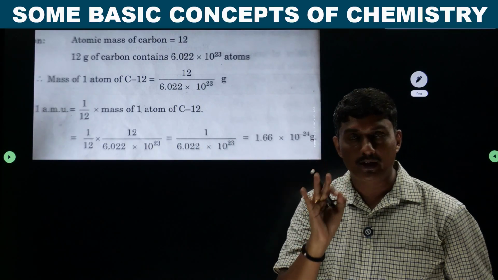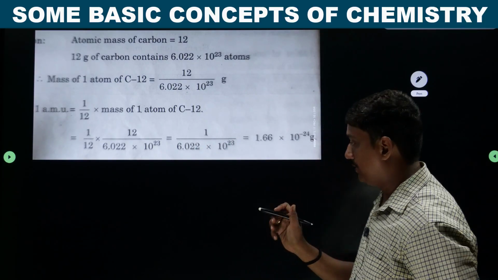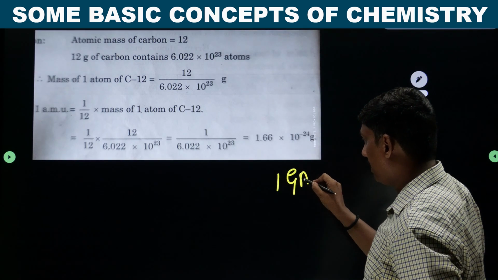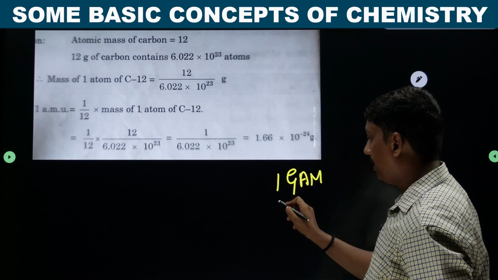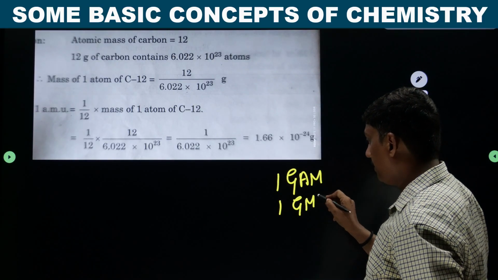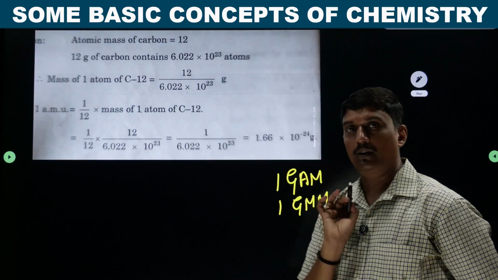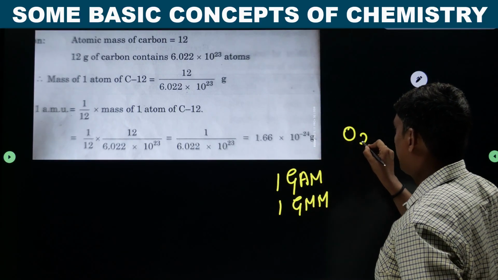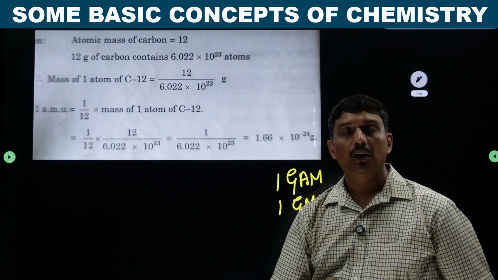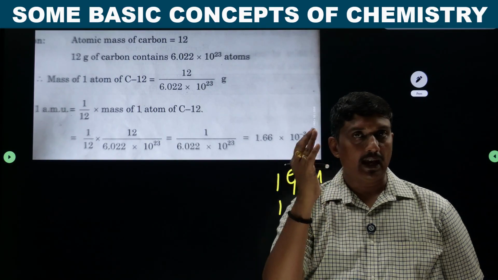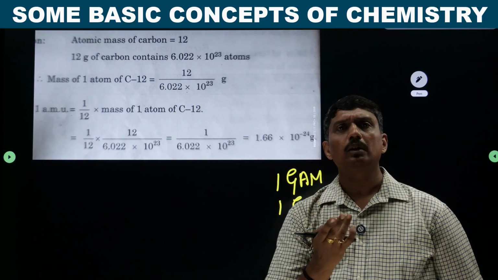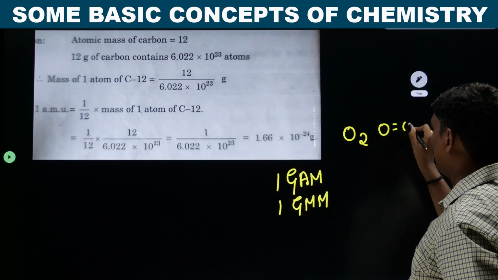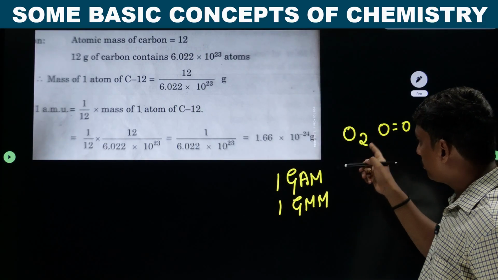If you want to get a mole of a substance, it should be equal to 1 gram atomic mass or 1 gram molecular mass. For example, oxygen. Look here, oxygen. Whether it is an atom or a molecule, it is a molecule because O2 is there. Then what should be considered?